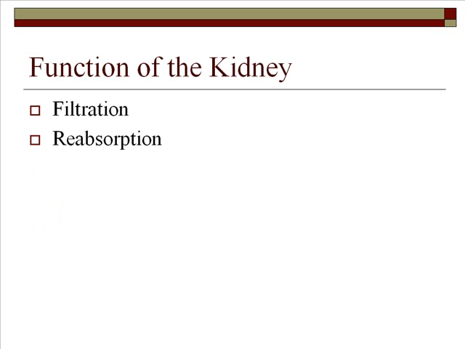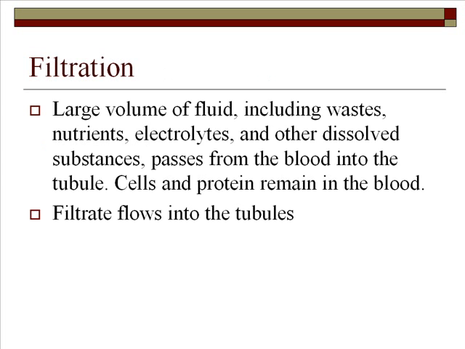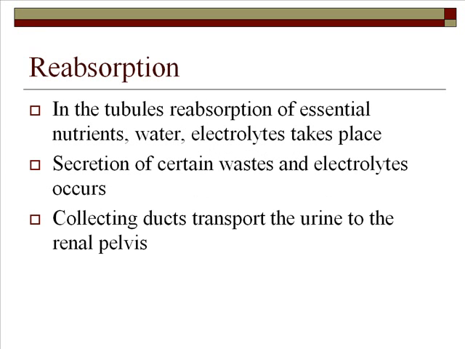So again, as we look at the function of the kidney, it has two primary functions. First of which is filtration, second of which is reabsorption. So a large volume of fluid, including waste products, nutrients, electrolytes, and other dissolved substances, passes from the blood into the tubules. The cells and the proteins remain in the blood. The filtrate flows into the tubule system, and then in this tubule system is where a process of reabsorption will take place.